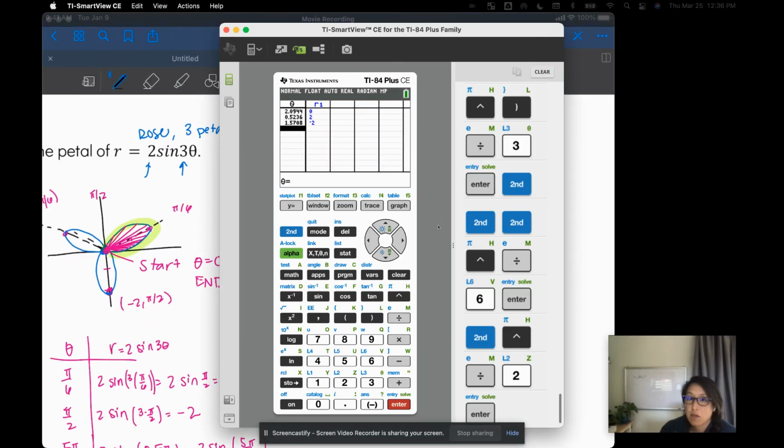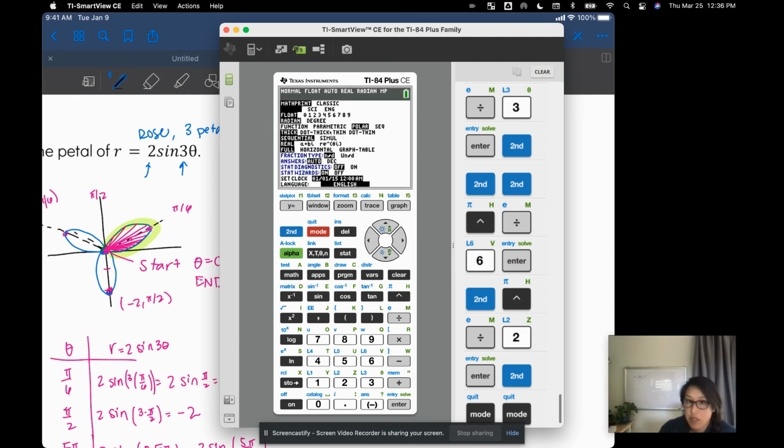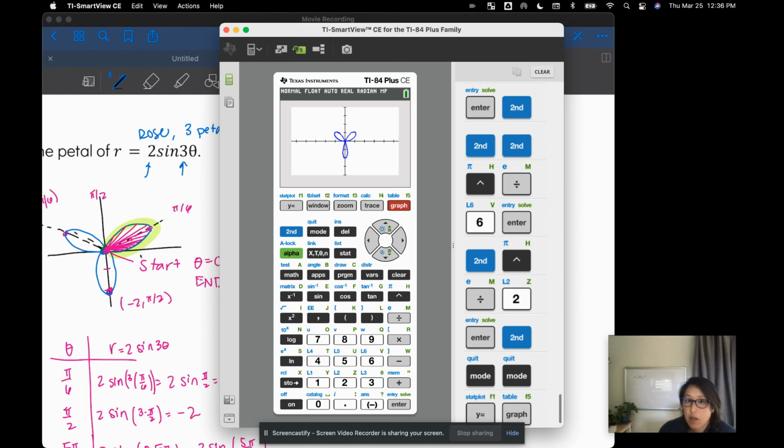Looking for my calculator. Okay, what I did was, you don't have to, but I changed my calculator into polar mode, right here. And I actually went ahead and graphed the equation 2 sine 3 theta for r, and it looks like this, and I just verified that it matched my graph.